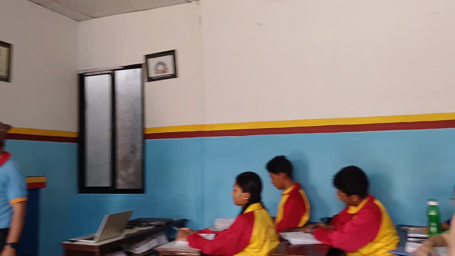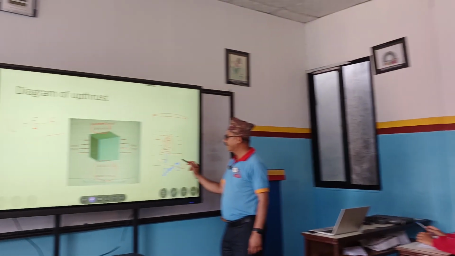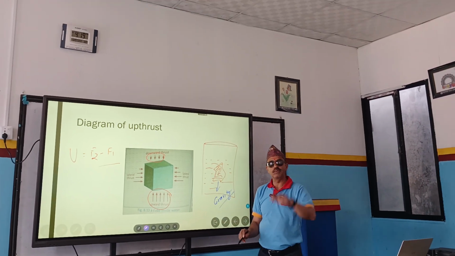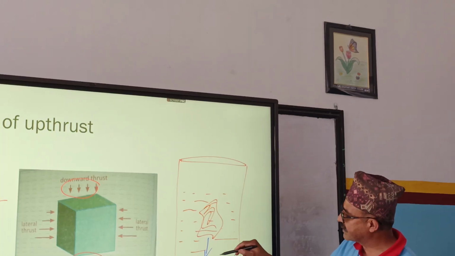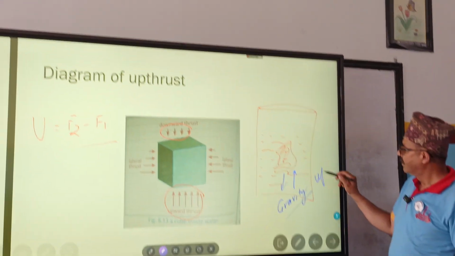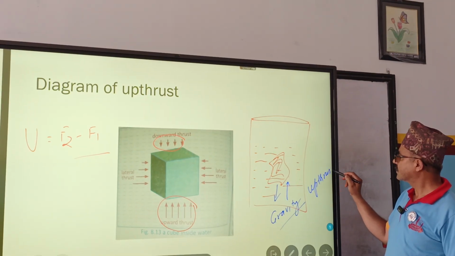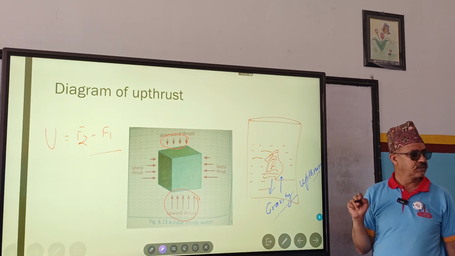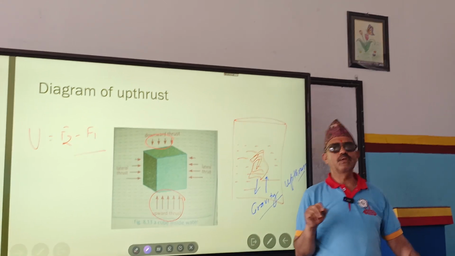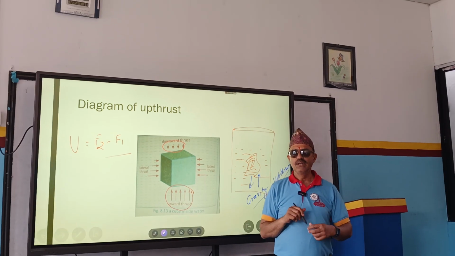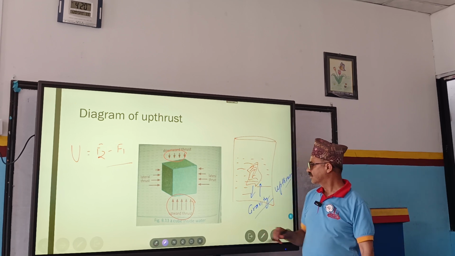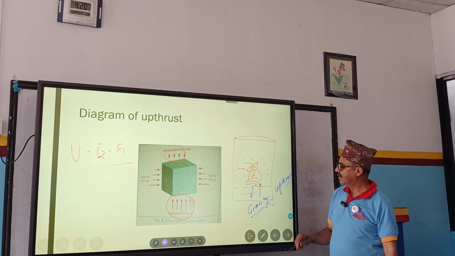One force acts downward, that is called gravity. Because of gravity, it is pulled downward. And another force acts upward. What is it called? Upthrust. Sometimes a question can be asked: name the two types of forces acting on a body when it is placed in liquid. Gravity and upthrust.